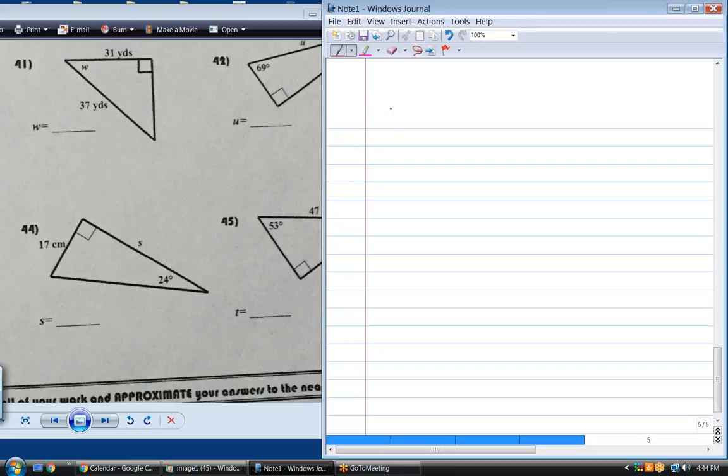Okay, so what's my equation? Cosine of W. Remember, you always have to take the trig function of an angle. Cosine of W is equal to 31 over 37. Which means W is the inverse cosine of 31 over 37.